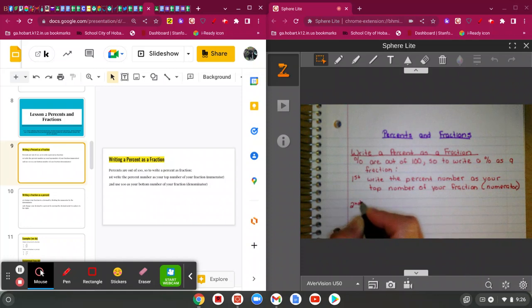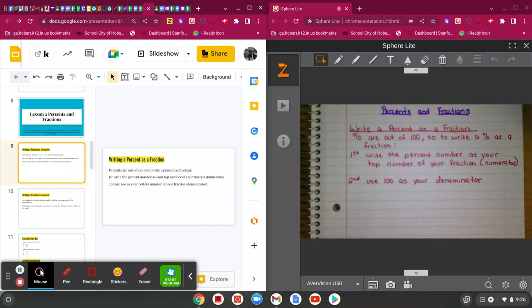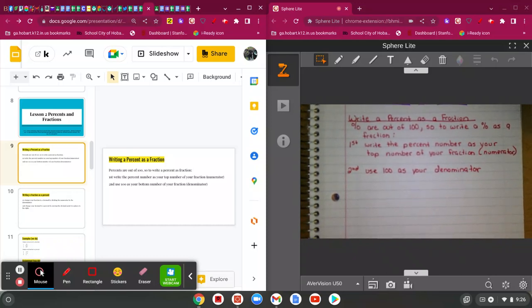Then the second thing you have to do is you use 100 as your denominator. And again, you can pause the video if you need to, okay? So to change a percent to a fraction, the percent number becomes your numerator, and then since percents are out of 100, you just use 100 as your denominator, okay?